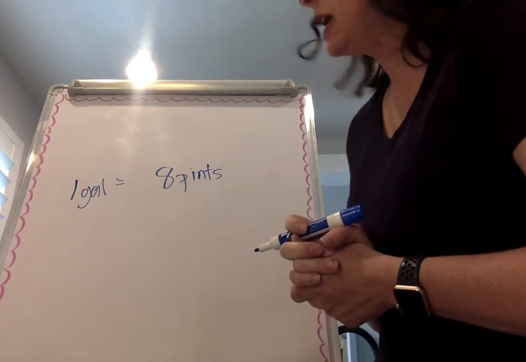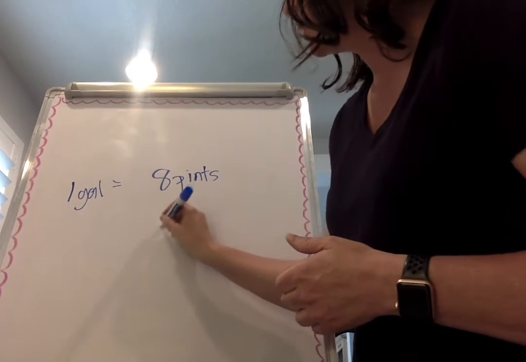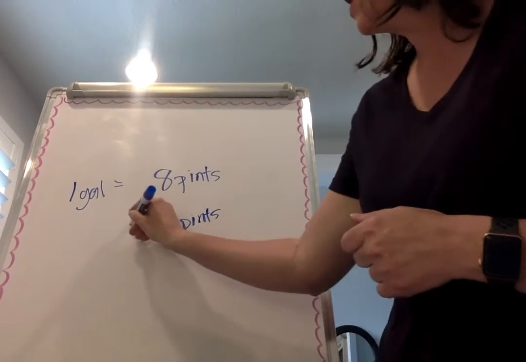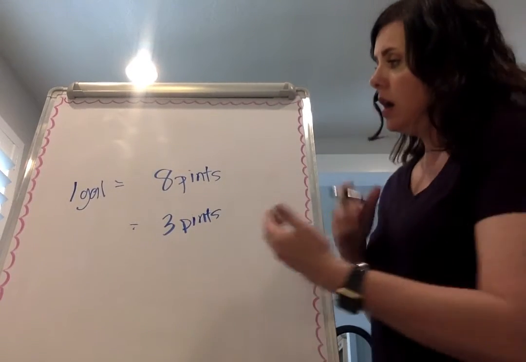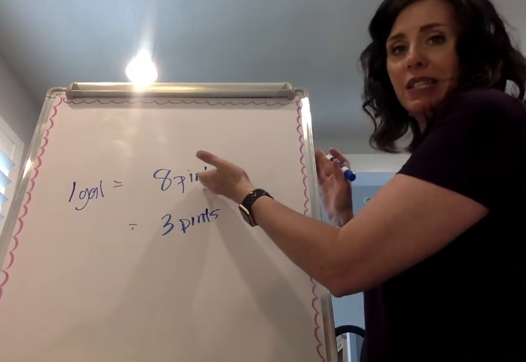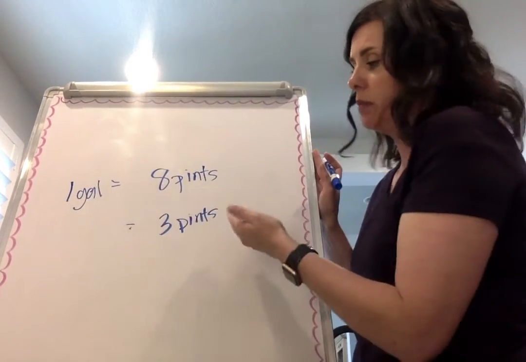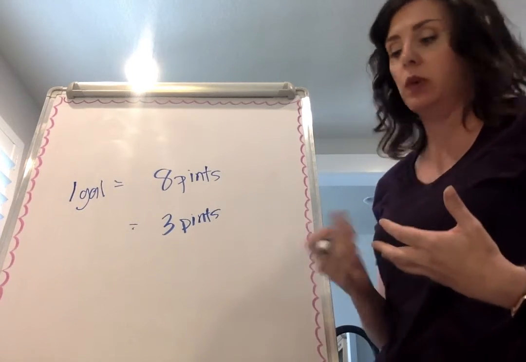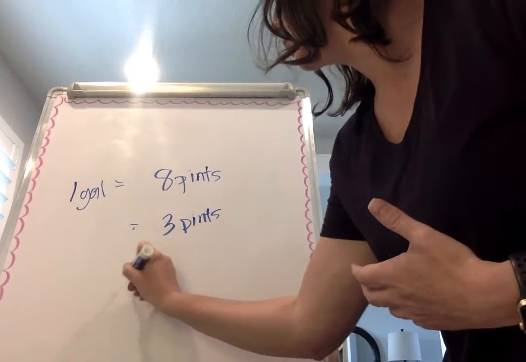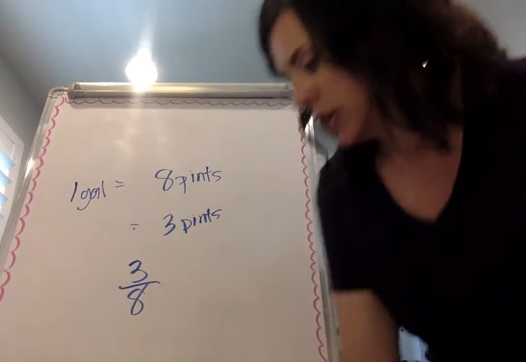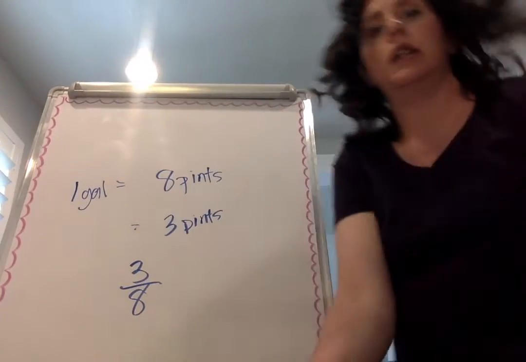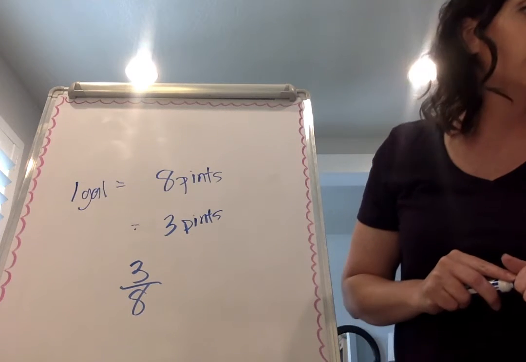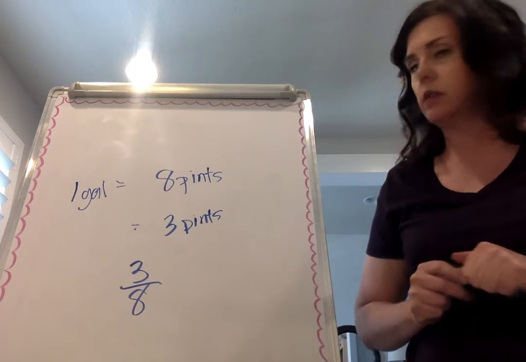And this is saying, what if I only have 3 pints? Well, it would be 8 of 8 pints equals 1 gallon. But if I only had 3, that would be 3 out of the 8 that I would need. So my fraction would be 3/8. 3 out of the 8 that I would need. So my fraction on number 4 is 3/8.